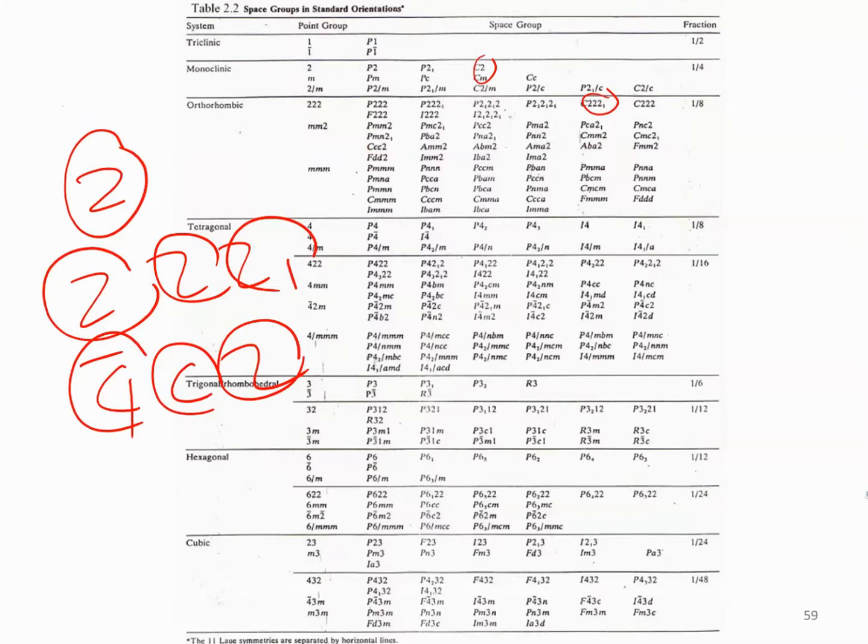But don't worry, next chapter I will explain what this 2 means, what this 2, 1 means, what this bar 4 means. Okay, these are all the symmetry operations. Like 2 means twofold rotation, 2, 1 means screw axis. This one means roto-inversion of 4. Okay, then later on you will study what all this symmetry means.